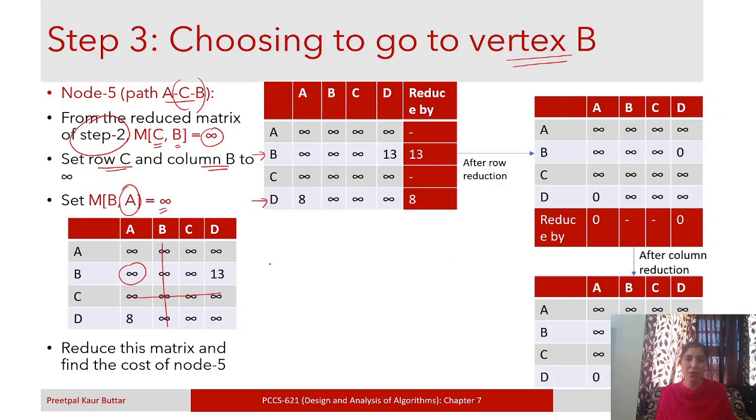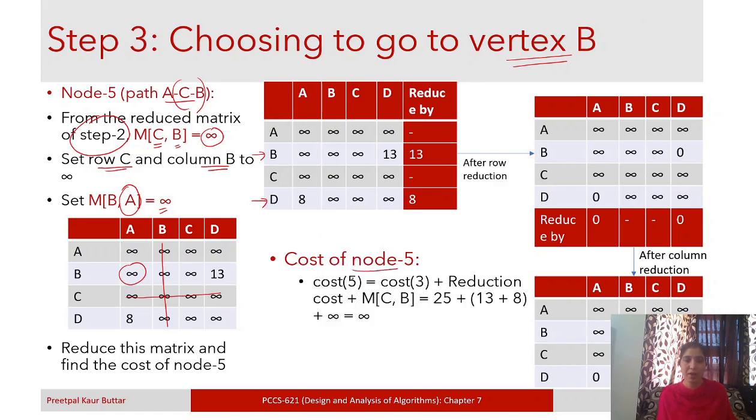Now what is the total cost of this node, node 5, right? The cost of node 5 is the cost of node 3, that is the node from which we reached this node, the node with label C. Then the reduction cost here is 13 plus 8, and also the value of M[C,B], which is infinity.